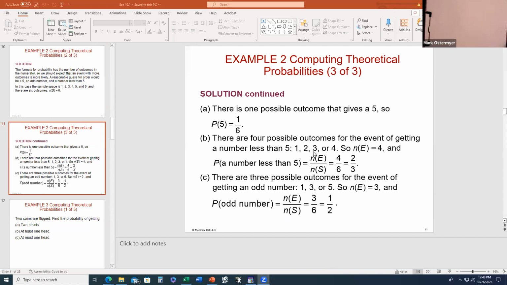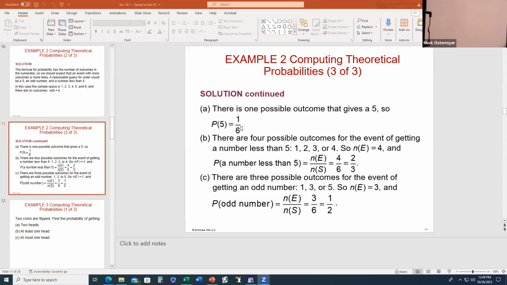All right, so the probability of rolling a 5 is equal to, and this is the notation, P of 5, notice that. The probability of rolling a 5 is equal to the number of ways that we can roll a 5, which is 1 way, divided by the total number of outcomes for this experiment, which is 6 different outcomes. So we would say the probability is 1/6. If you wanted to turn it into a decimal, you could do that by dividing 1 by 6.